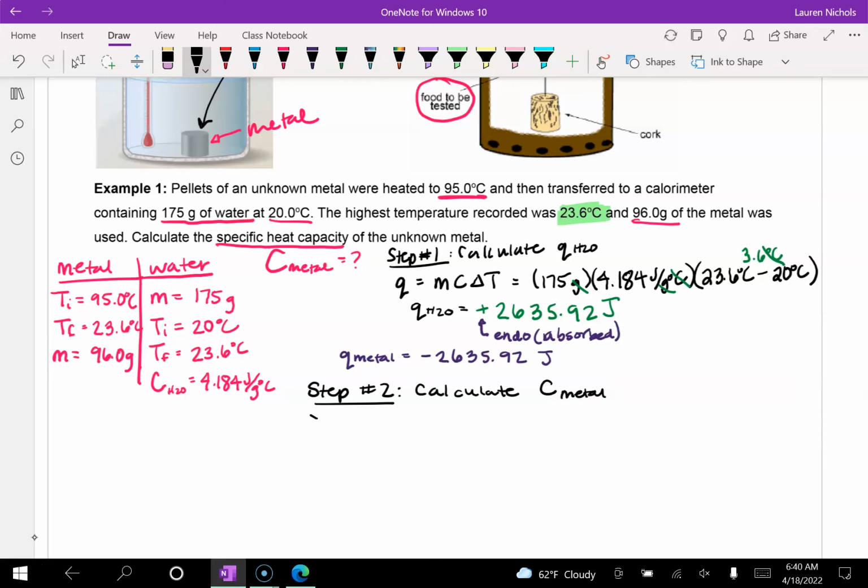Well, again, remember, Q is equal to mc delta T. But now we're doing everything for our metal. So we already used all of these values, and we're not going to use them again. So we know that Q of our metal is negative 2,635.92 joules.